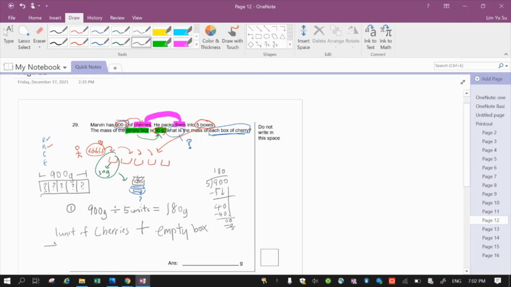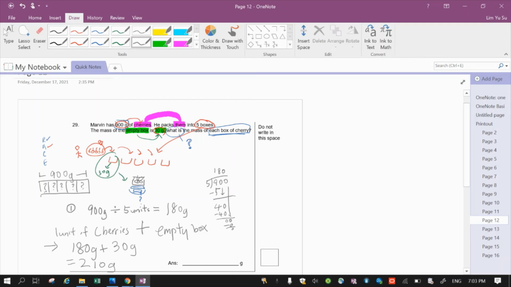So that will be 180 grams plus the empty box, that's 30 grams, and you'll get a total of 210 grams.